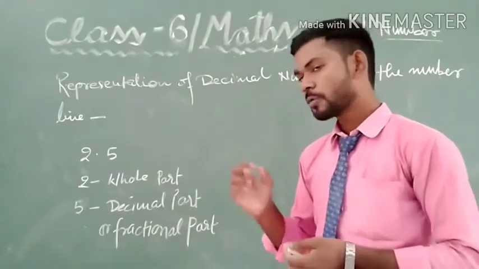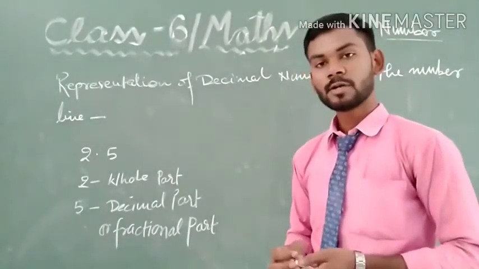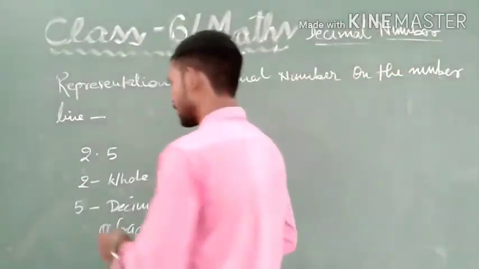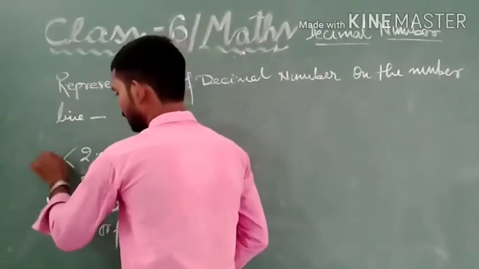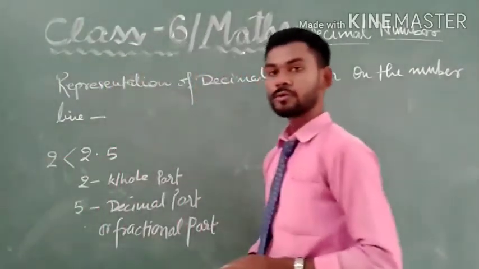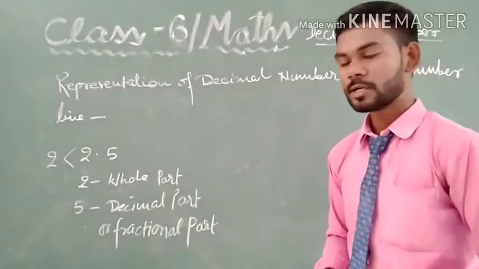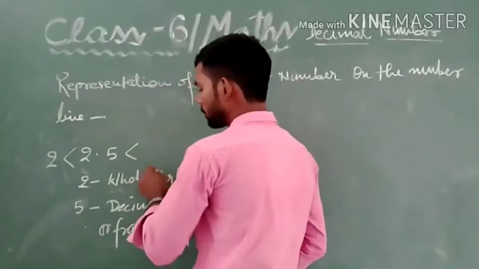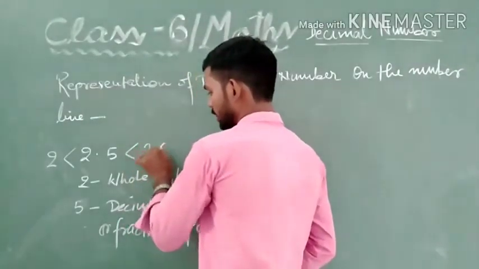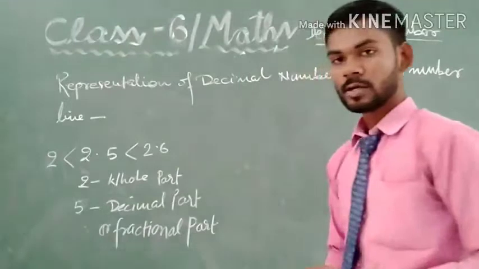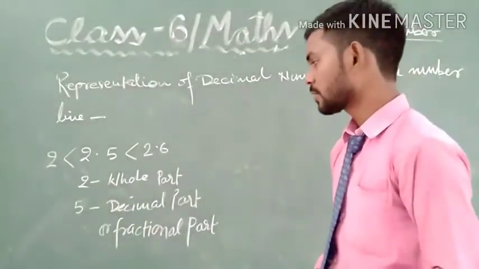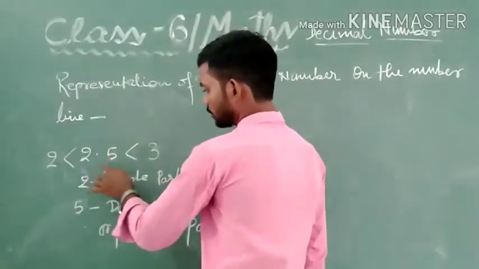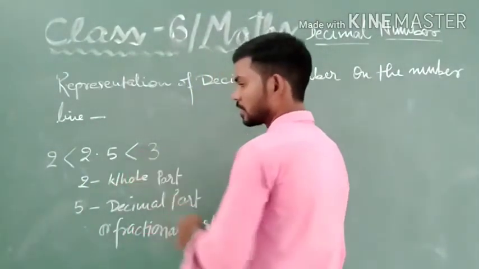Suppose 2.5 is a decimal number. If we compare it, we find that 2.5 is greater than 2. And here we will not write that 2.5 is greater than 2.4 or compare with another decimal, because our calculation may be wrong. Here we can see that 2.5 is less than 3.